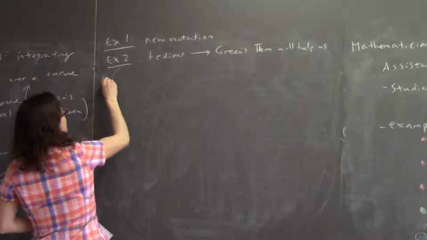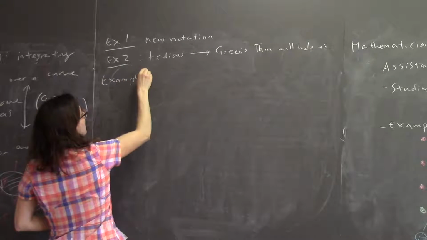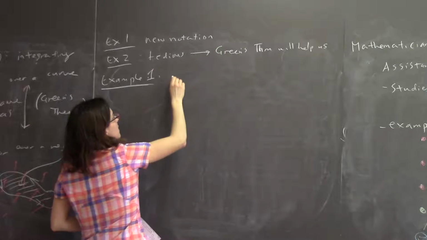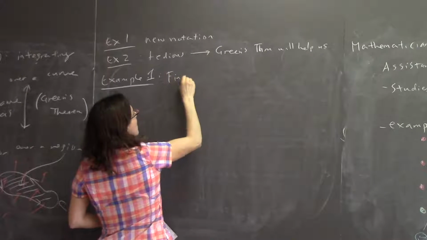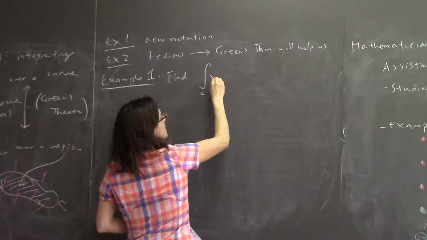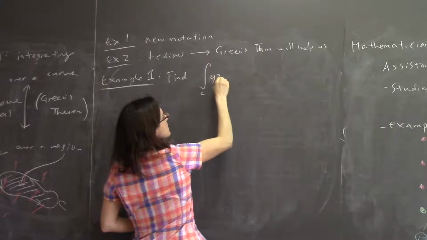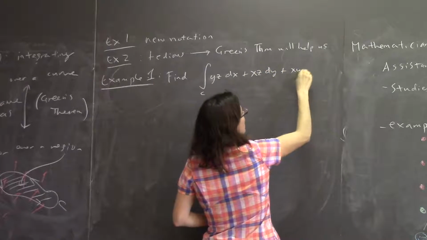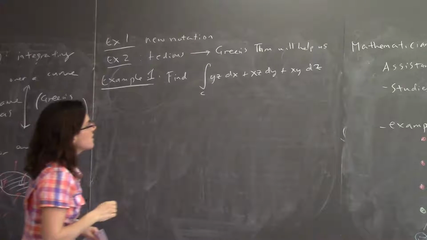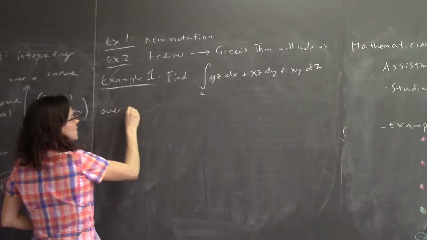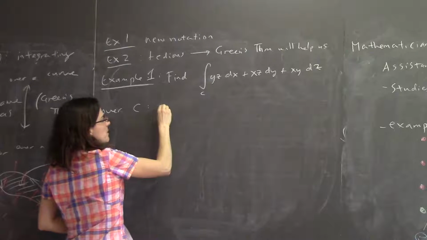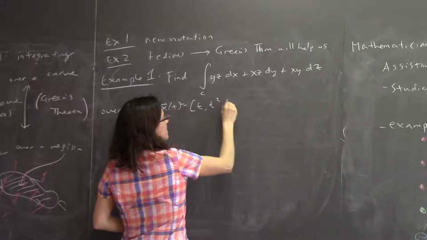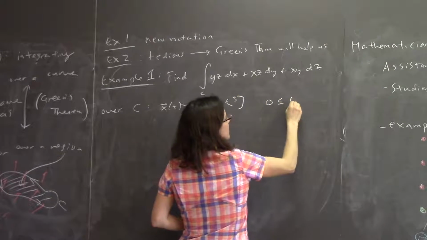Okay, so let's do our first example. Let's find the vector line integral over C of yz dx plus xz dy plus xy dz over the curve C which is parameterized by x of t equals t, t squared, t cubed, where t goes from 0 to 2.